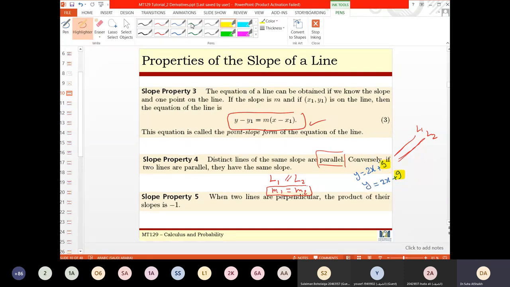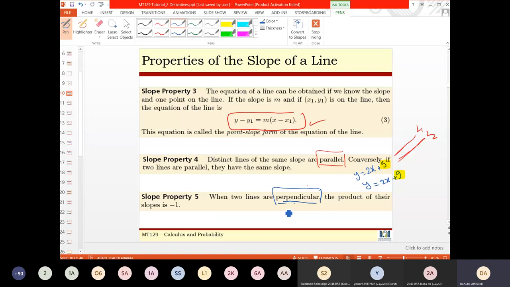The second property says that two lines are perpendicular. What does perpendicular mean? I write it as line 1 is perpendicular to line 2. That's correct. So if this is your line 1, this will be your line 2. They are perpendicular. There is a 90 degree angle between them.